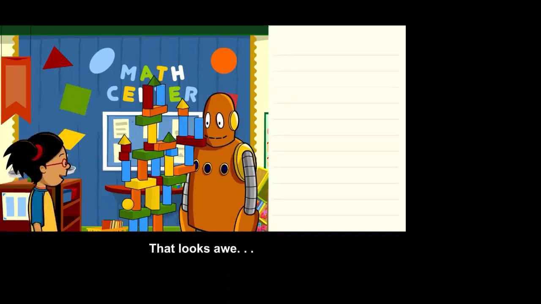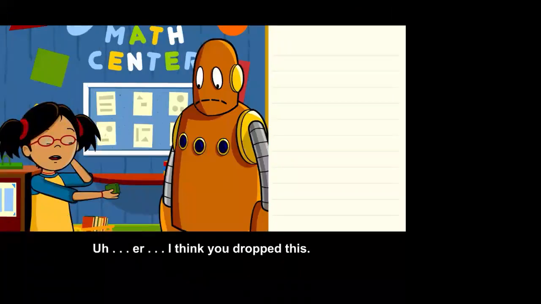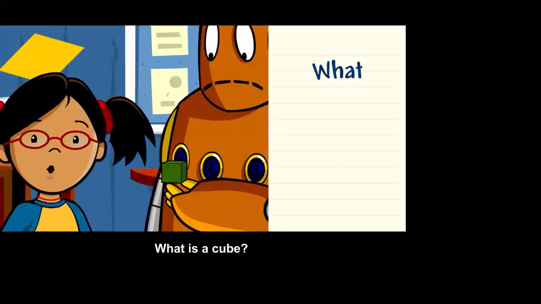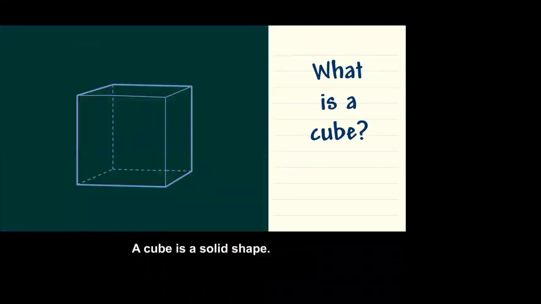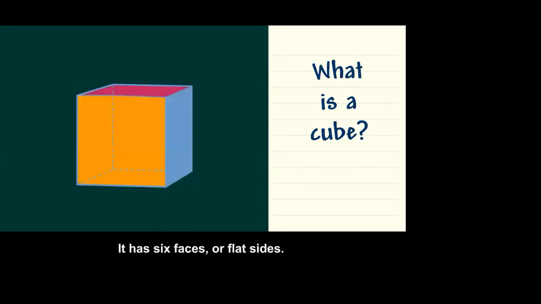Wow, Moby, that looks, achoo! Sorry, Moby. I think you dropped this. What is a cube? A cube is a solid shape. It has 6 faces or flat sides.